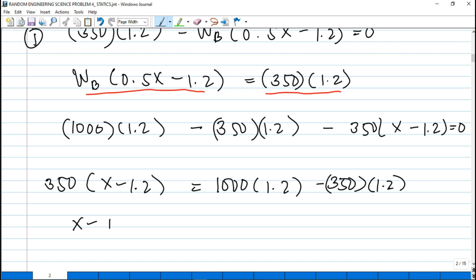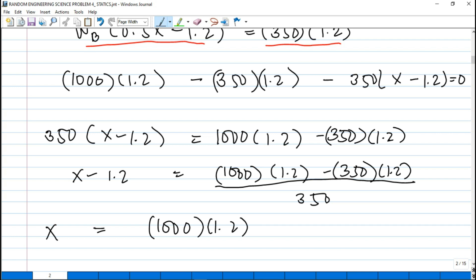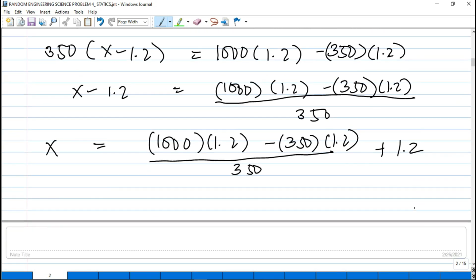So x minus 1.2 is just equal to 1,000 times 1.2 minus 350 times 1.2 all over 350. Then add tayo ng 1.2 to both sides. So x is just equal to 1,000 times 1.2 minus 350 times 1.2, all over 350, plus 1.2. So that is the length of the beam.